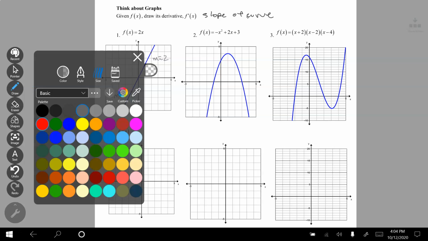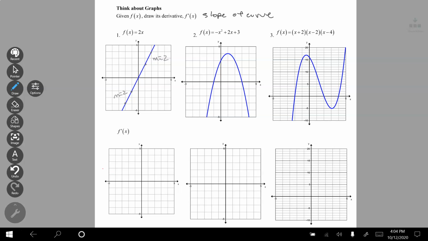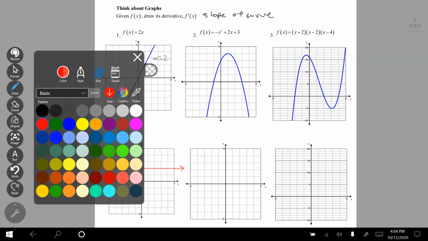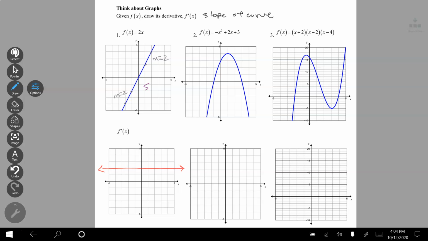So when I draw this derivative, I'm just going to draw this because the idea is the slope of f of x becomes the y values of f prime of x. So this problem right here, this y value was always 2 because the slope of the original function is always 2.